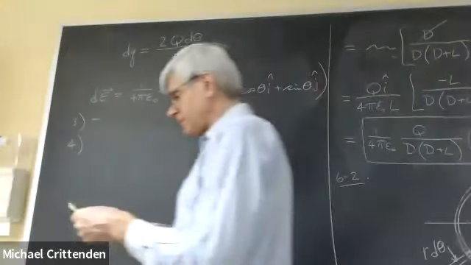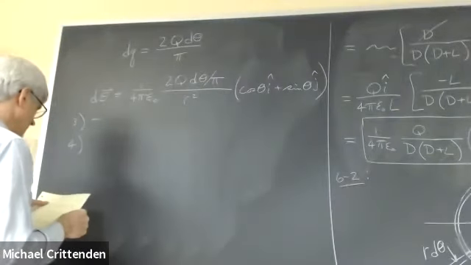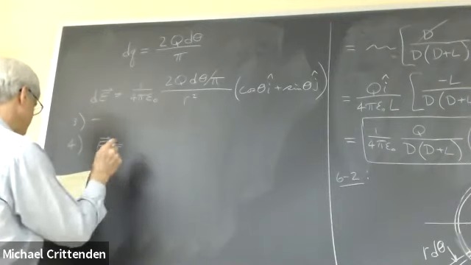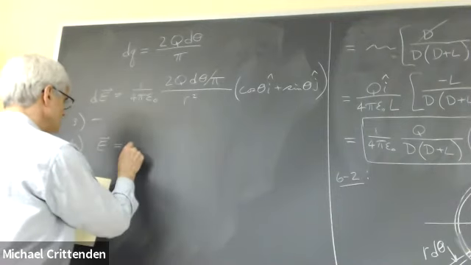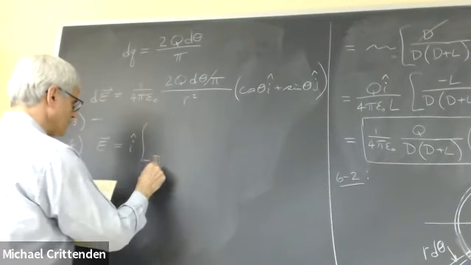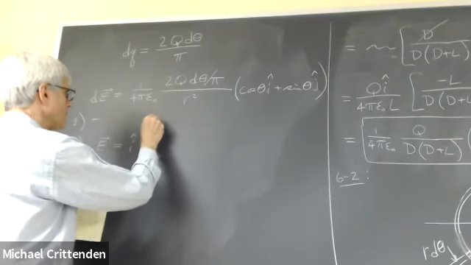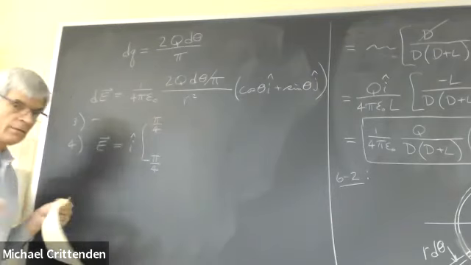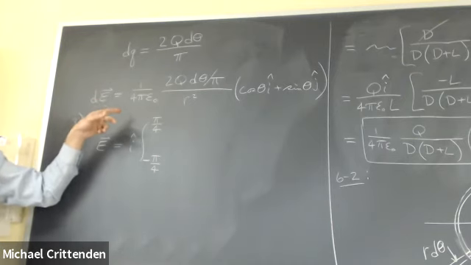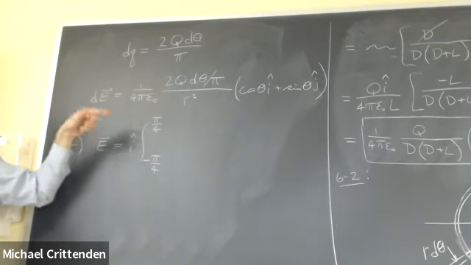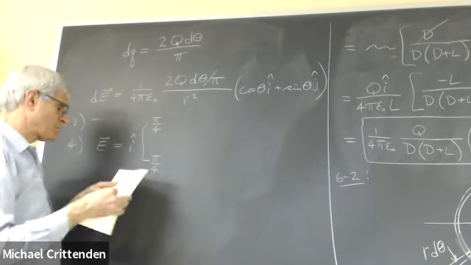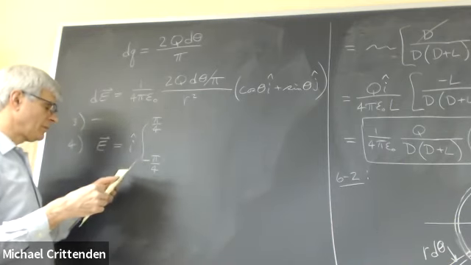Add up fields of all the little pieces. The limits of integration, once again, are negative pi over 4 to plus pi over 4, because you go from one end of the rod to the other end of the rod, adding up contributions of all the little pieces as you go along.